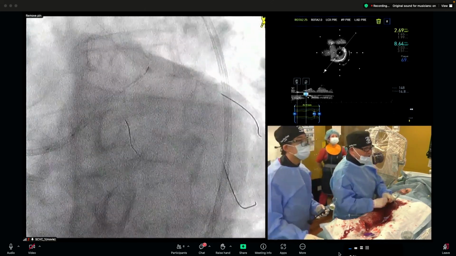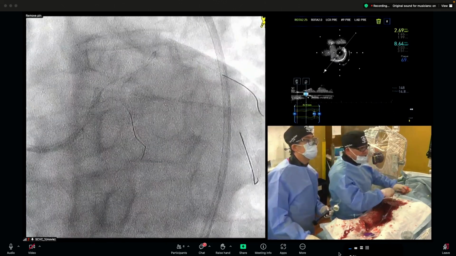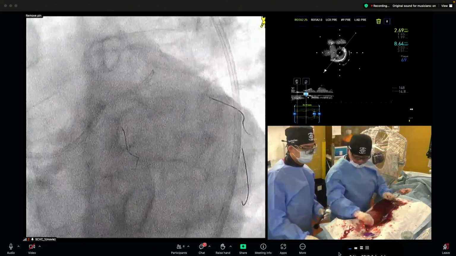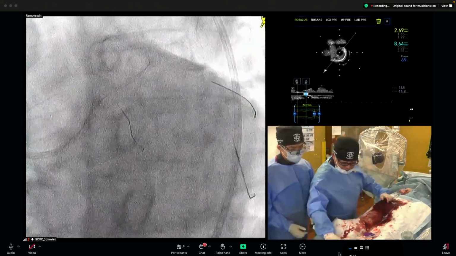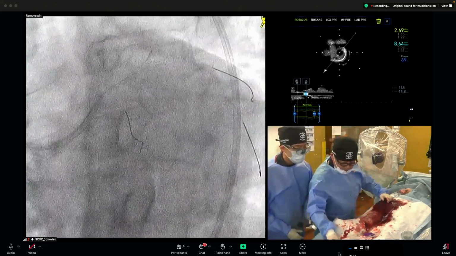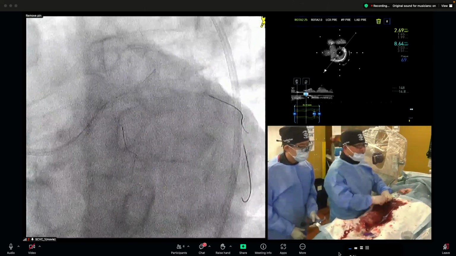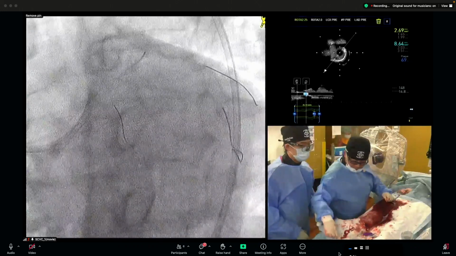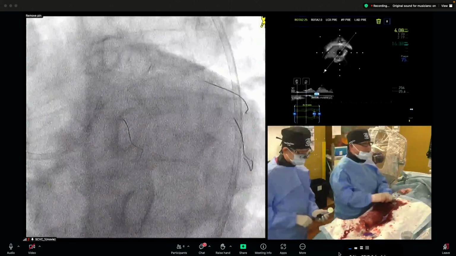Yeah, I agree that side branch compromise is very rare after rotablation for the left main. Mostly, even without debulking, side branch compromise at this bifurcation is also rare because we adjust the balloon pressure and size.